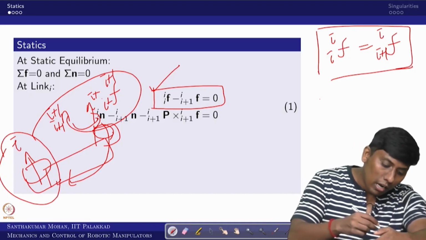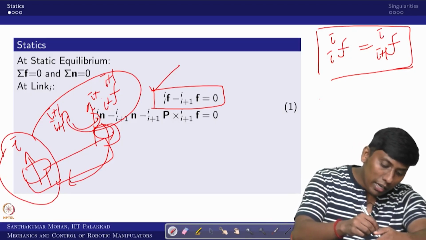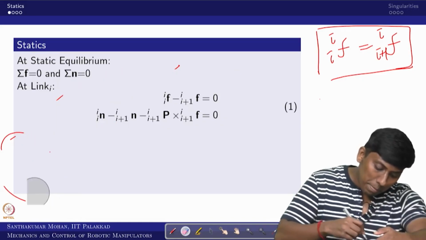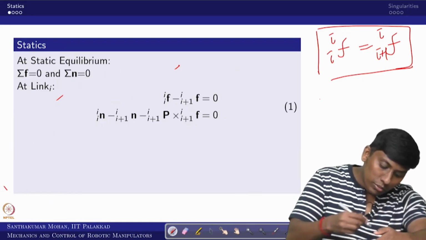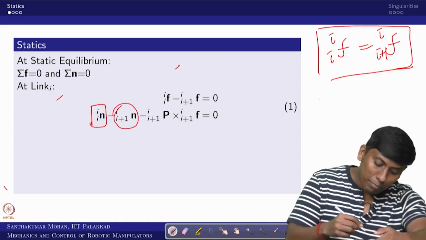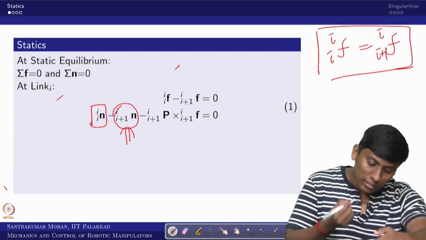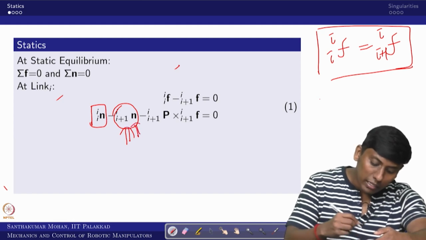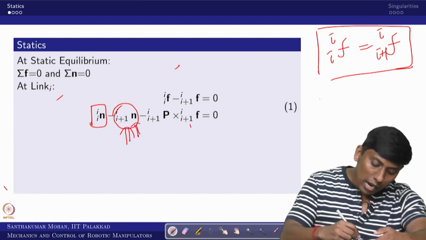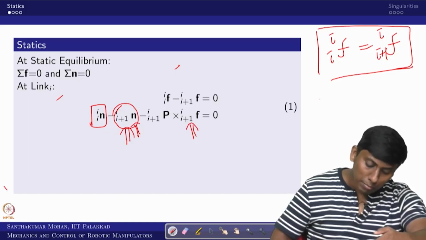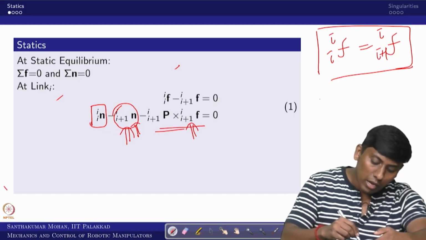So how can I write that torque? I can write it in this form. This is what we wanted, but it is represented from the preceding joint angular moment, and the preceding joint forces also acting.